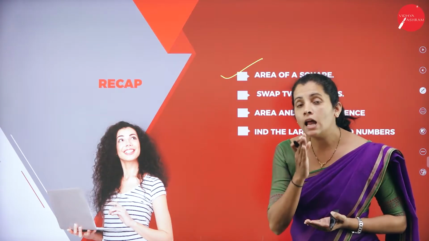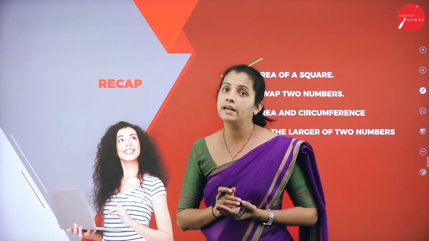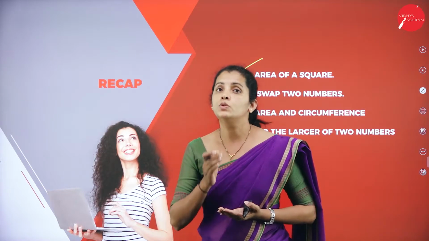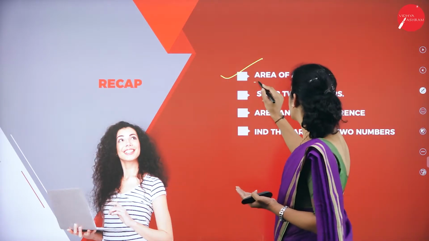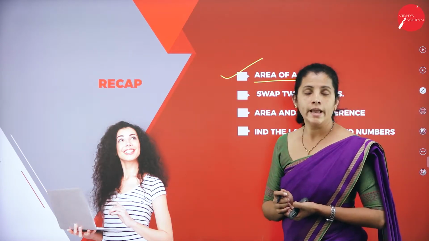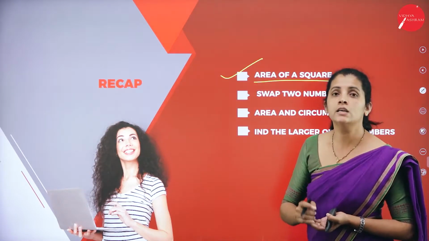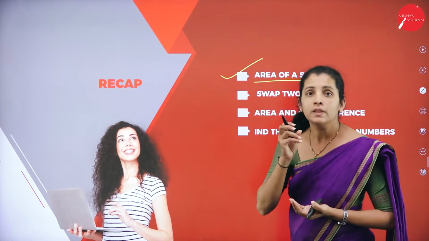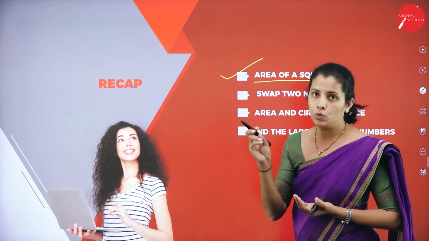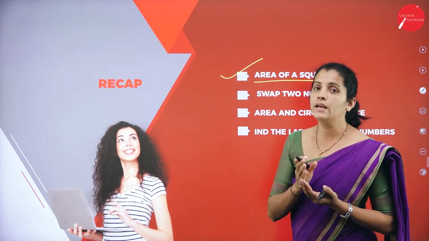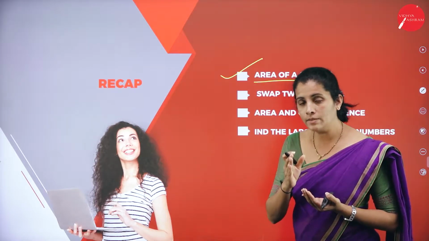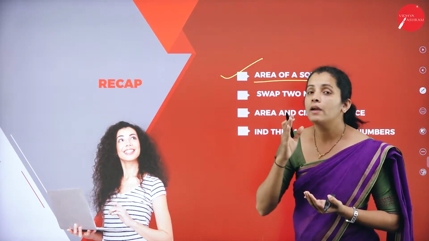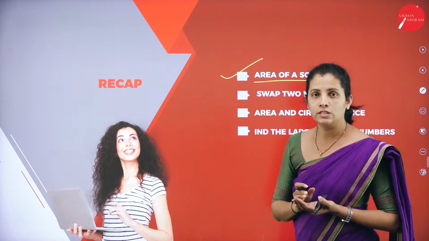In my last session, I started by writing an algorithm to find the area of a square along with the flowchart. Then we had a discussion regarding the swapping of two numbers. At the beginning, I wrote an algorithm, and later I wrote the flowchart.